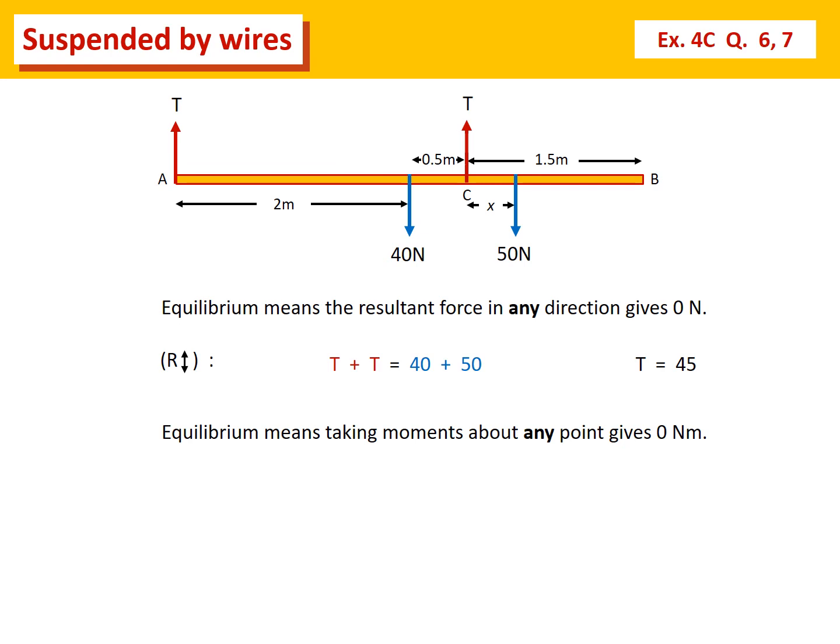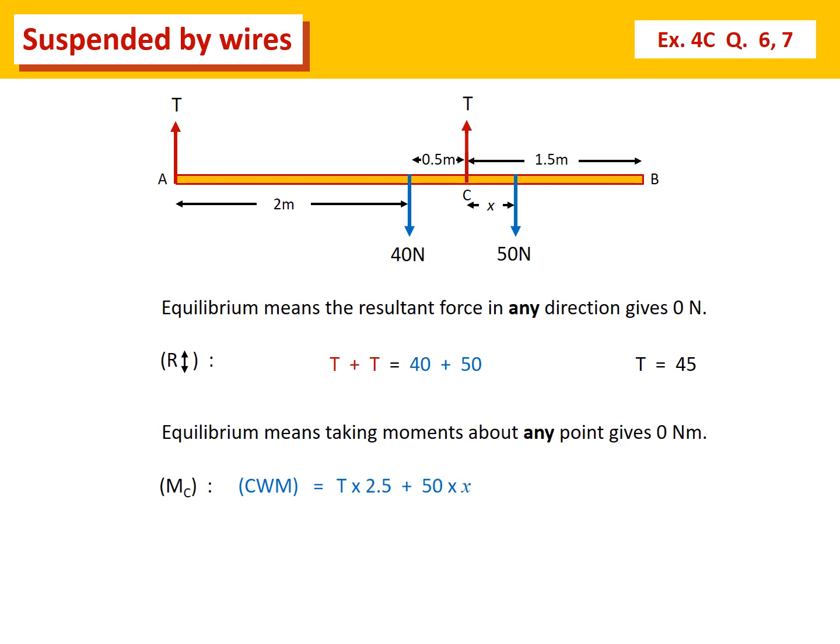Equilibrium means taking moments about any point gives 0. We're going to take moments about point C. And the clockwise moments, when we take moments about point C, are given to us by the 50 newton force that will turn the rod in a clockwise direction about point C. But also the tension here at A will want to rotate the rod clockwise about point C. So the 50 newtons and this tension here are working together to produce a clockwise moment.